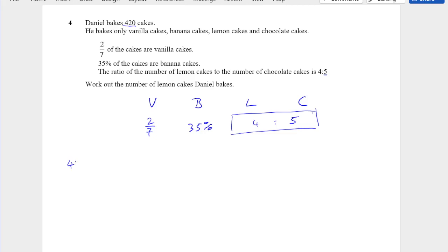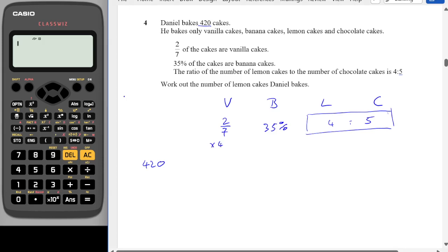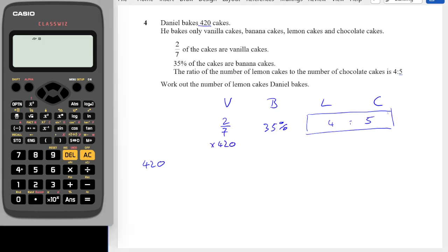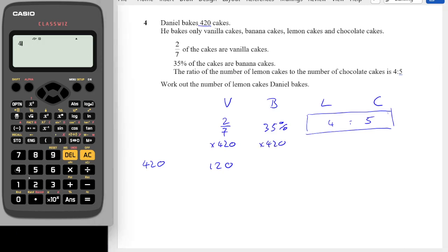So if I'm splitting 420, then the number of vanilla cakes is going to be 420 times by 2/7. So we've got 120 vanilla cakes. 35%, so 35 times by 420 is 420 times by 0.35.